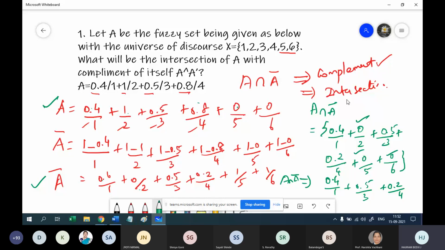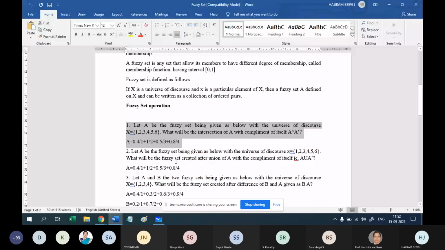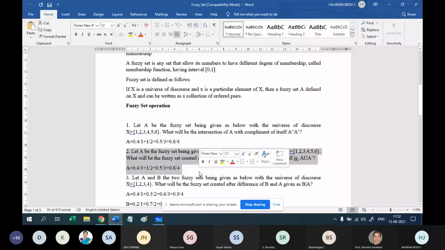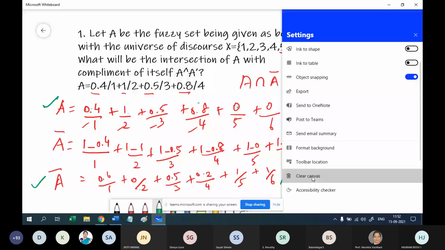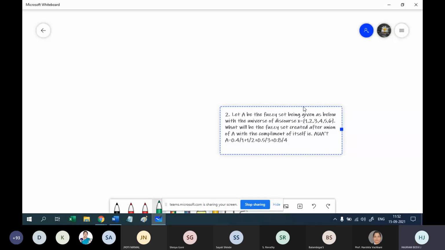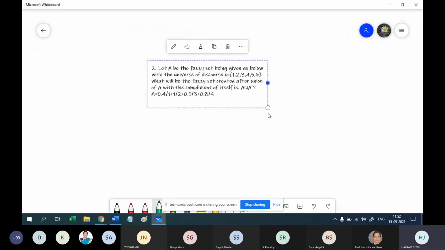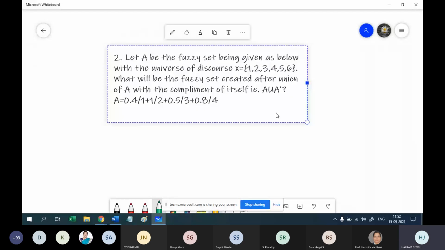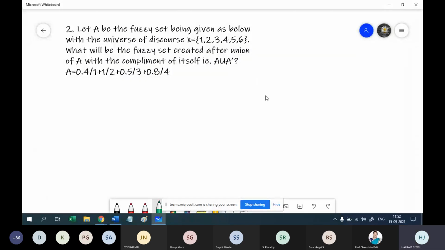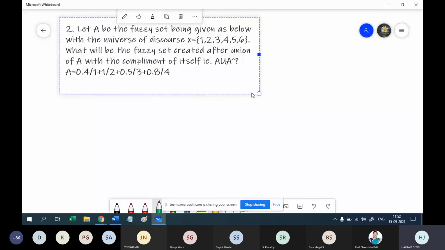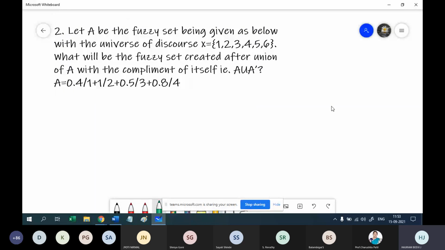So one more sum. We are taking the same problem but for union. The same sum, let A be the fuzzy set being given as below with the universe of discourse x equal to 1, 2, 3, 4, 5, 6.